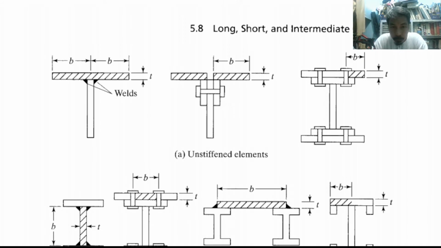Almost the same. What about the next one? This one, stiffened elements. Plate and then welded. So we have a W section and plate. Another one, stiffened elements. So built-up section. They are built-up sections.